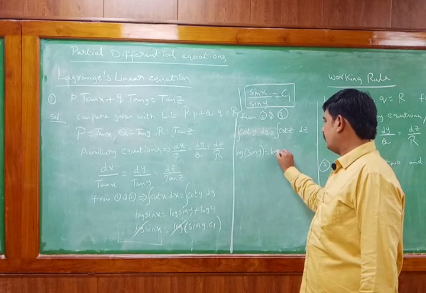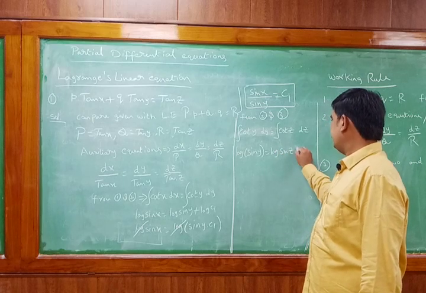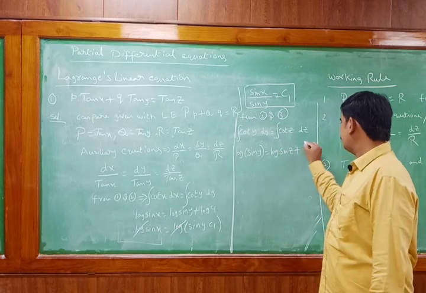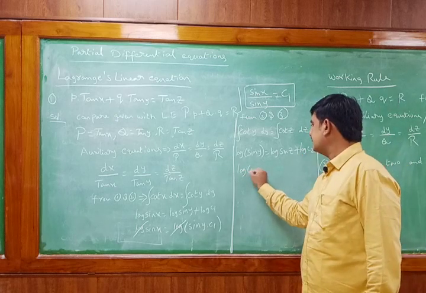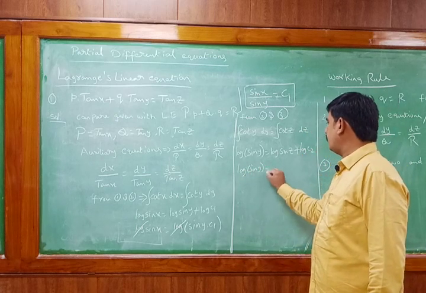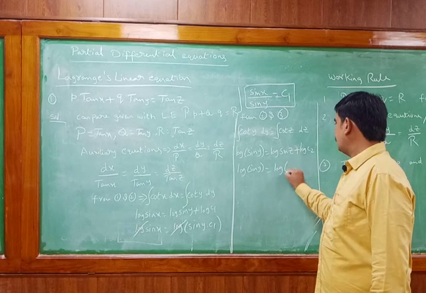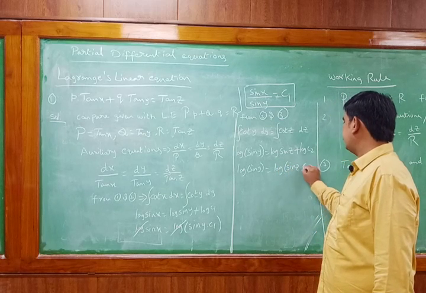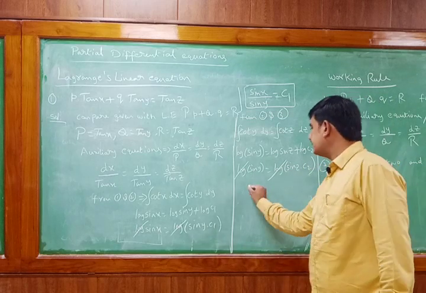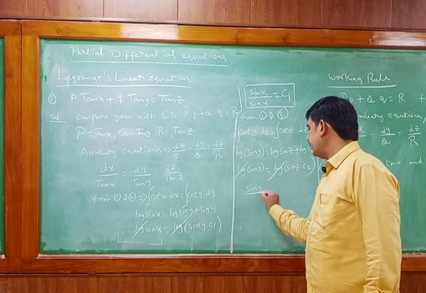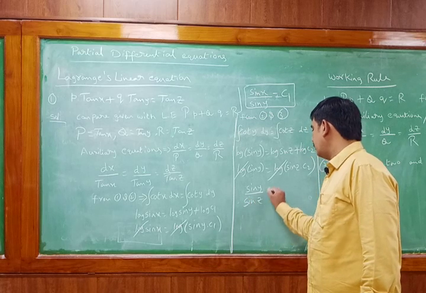Cot z integration is log sin z. And the constant is log C2. So log sin y is equal to log sin z plus log C2, which becomes log of sin z into C2. The logs get cancelled. Cross multiplying sin z, I get sin y by sin z is equal to C2.